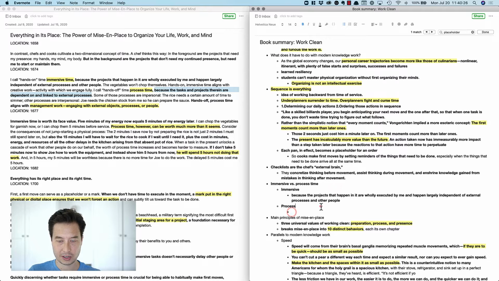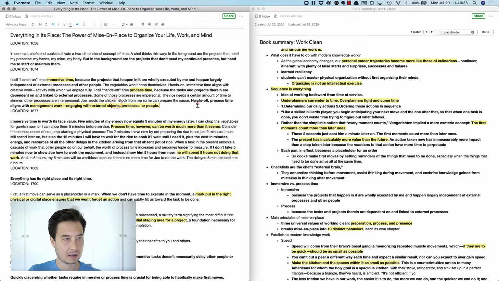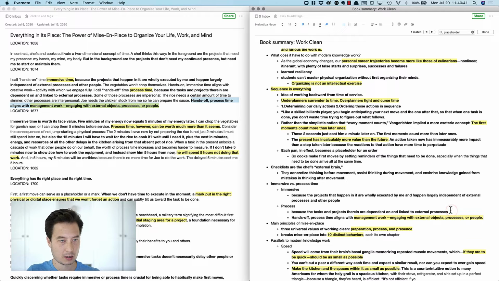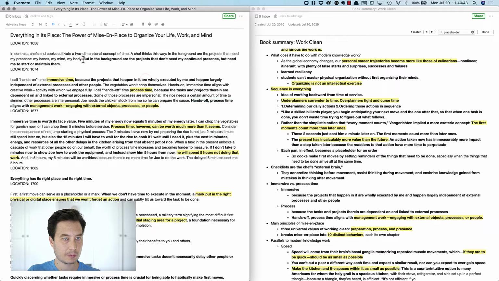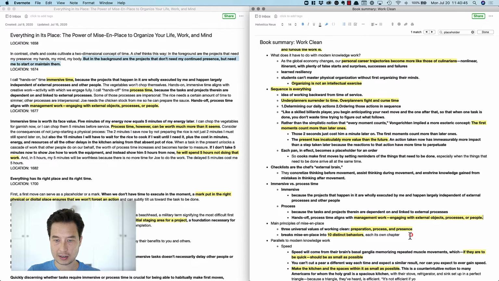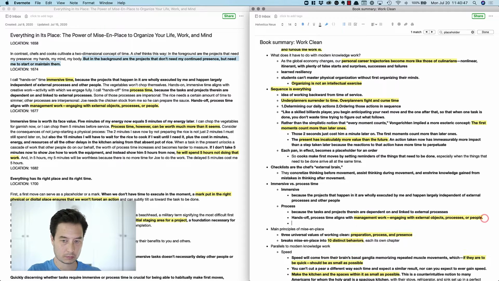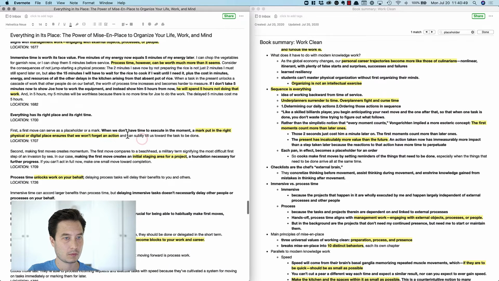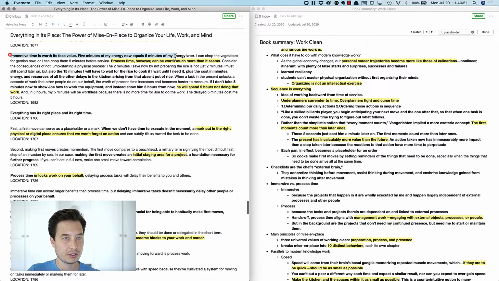You can see I'm kind of just creating almost like a diagram, just very clear definitions. This goes under process time, and this one up here that we skipped is process time. Okay, immersive time.